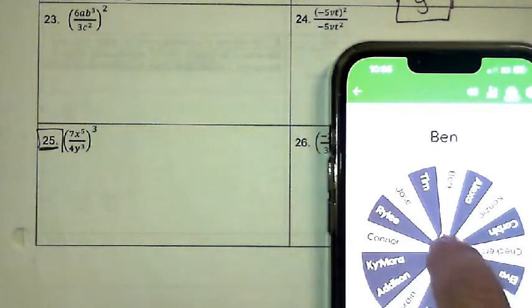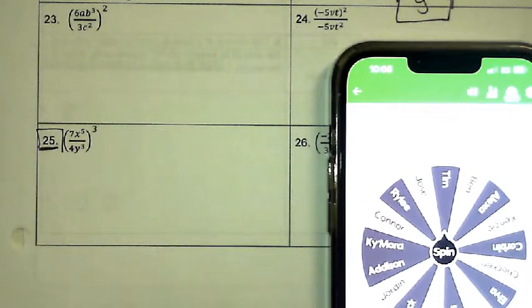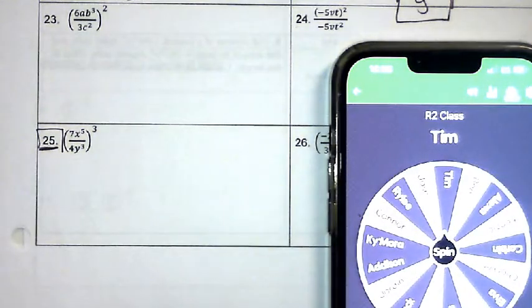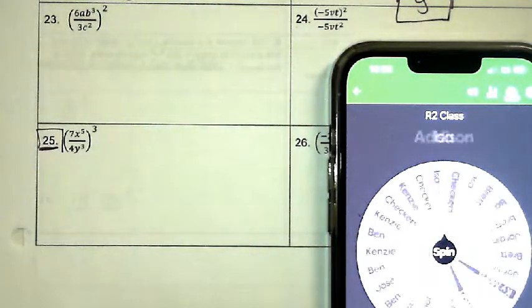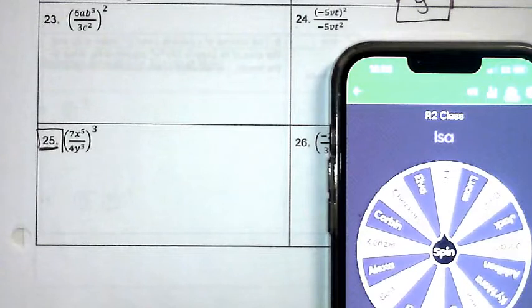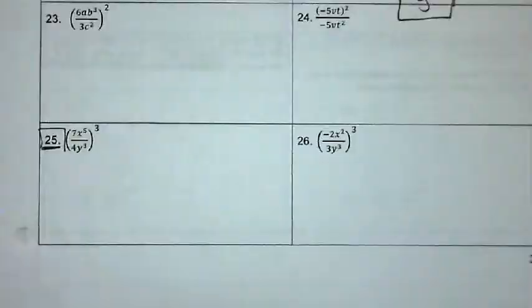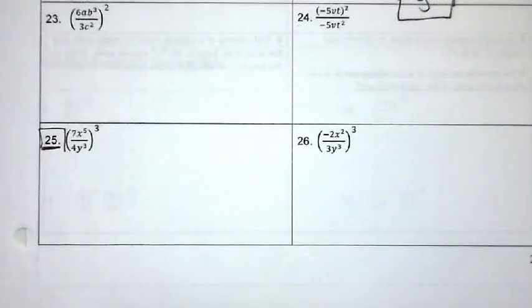You already won. Blame Jordan. Okay, I have it. The reason why we spun again is because Tim already went. It's literally random. Big numbers.